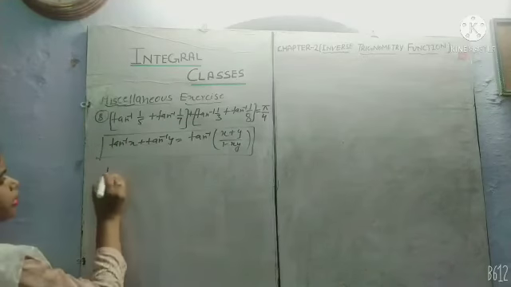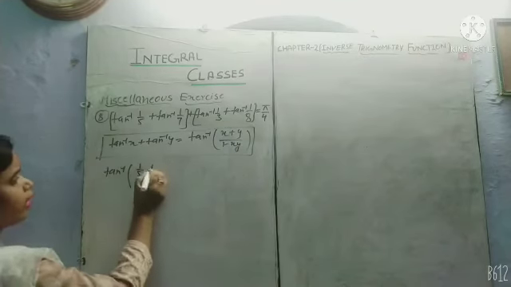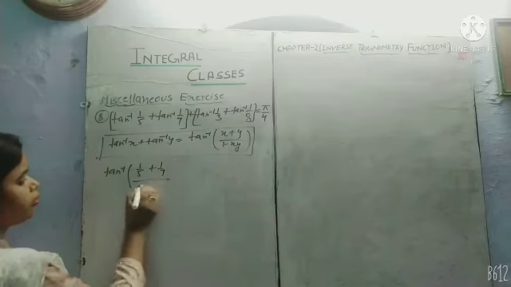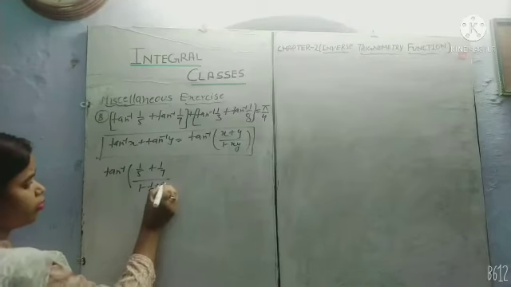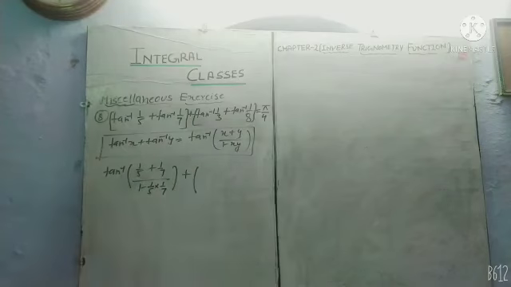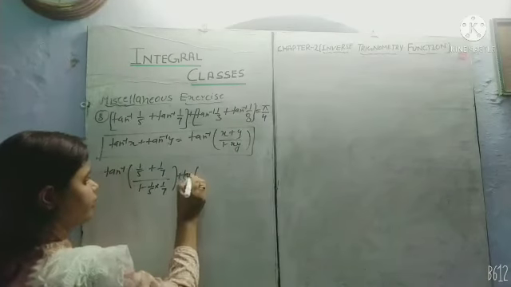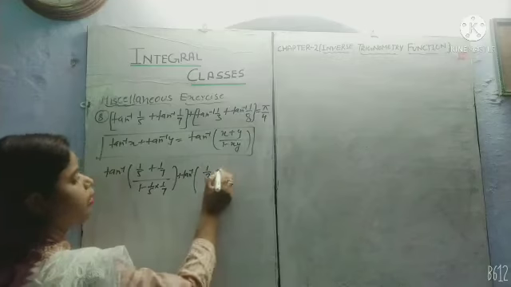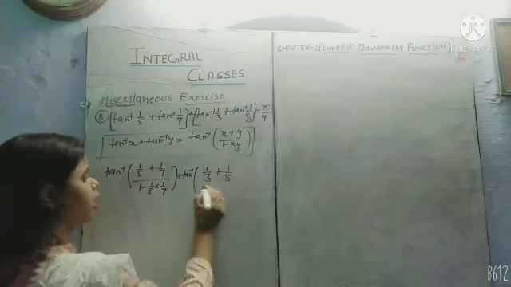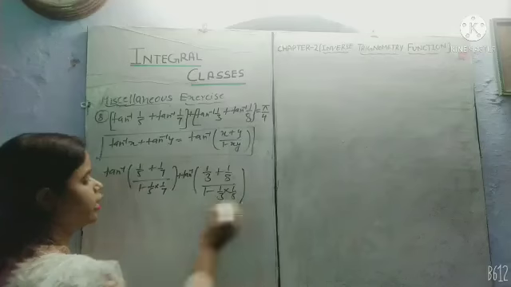So here tan inverse, x is 1 by 5, y is 1 upon 7, upon 1 minus 1 by 5 into 1 by 7, plus. Again we will apply this formula: tan inverse of 1 by 3 plus 1 by 8 upon 1 minus 1 by 3 into 1 by 8.